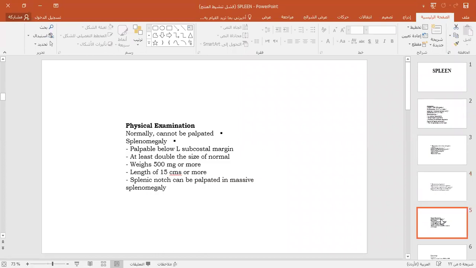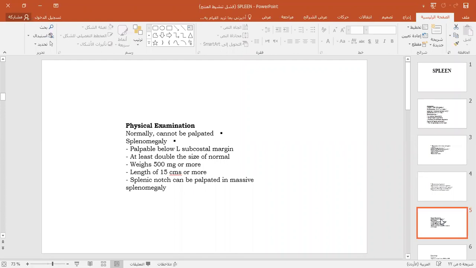Regarding the physical examination, normally it is not palpable unless it is enlarged twice or thrice its size.